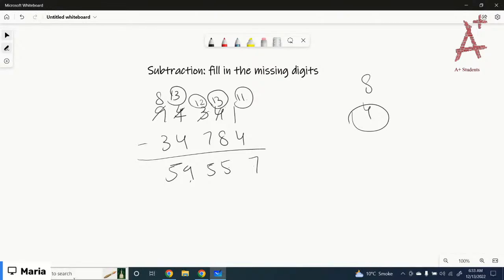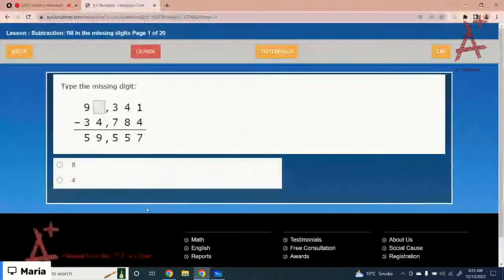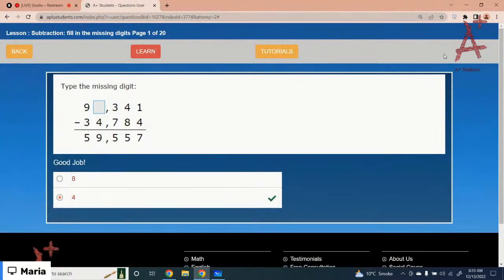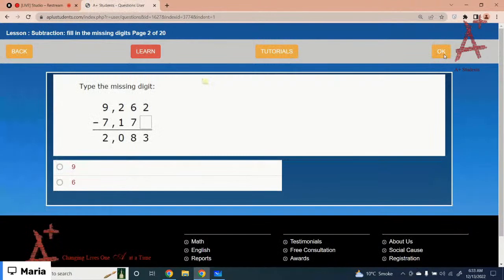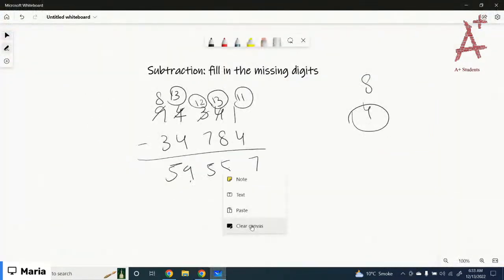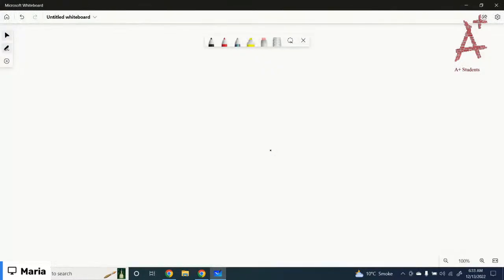So just select the correct option and click on the OK button. Got it? Okay, the next one is 9262. You must be perfect with subtraction, then you can do these questions.